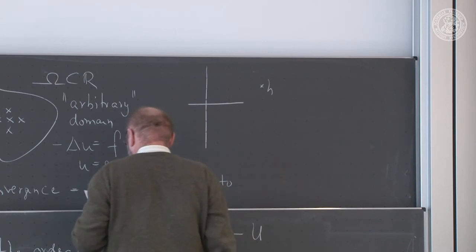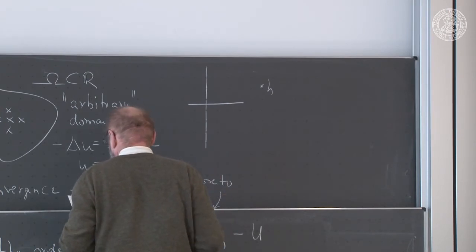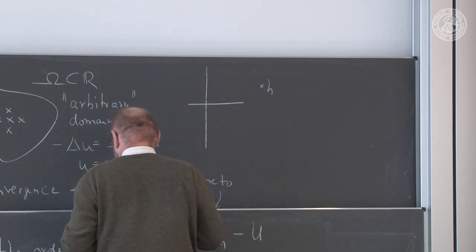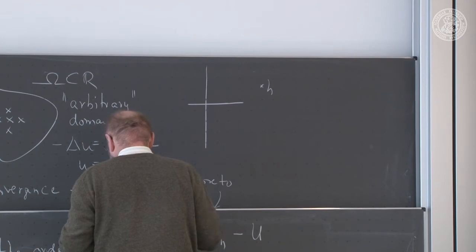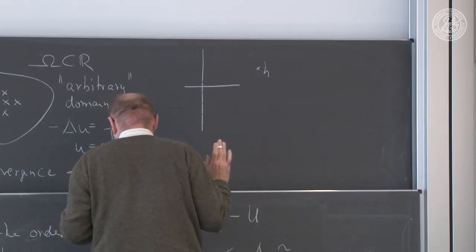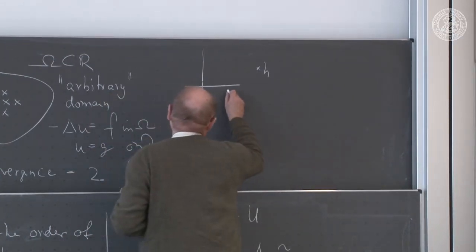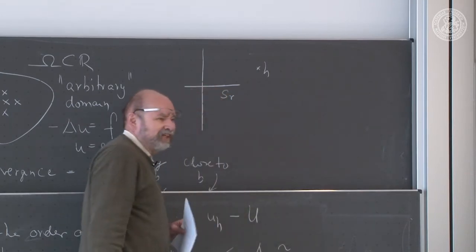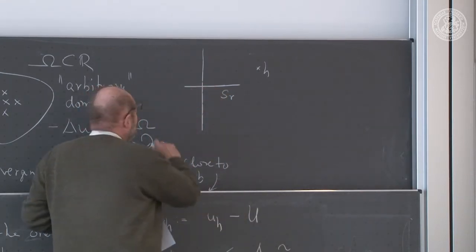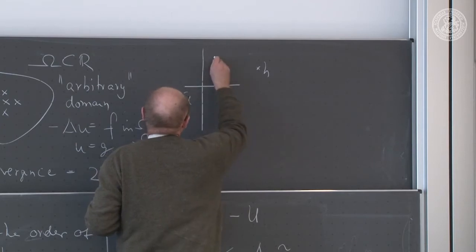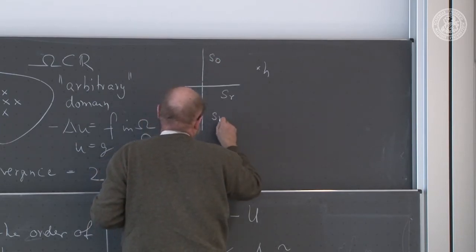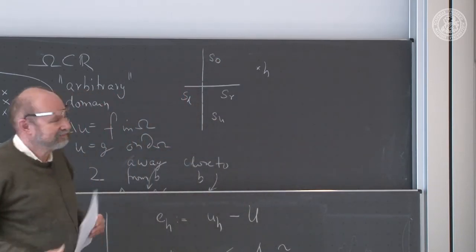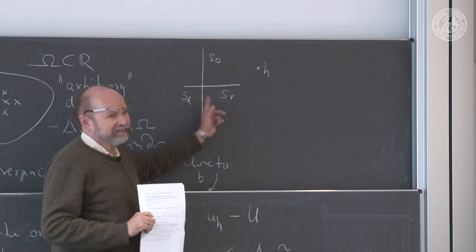And this something, which is a number between 0 and 1, I call SR, this is German notation, S rechts. This is SL, this is SO, and this is SU. Oben, unten, links, rechts.